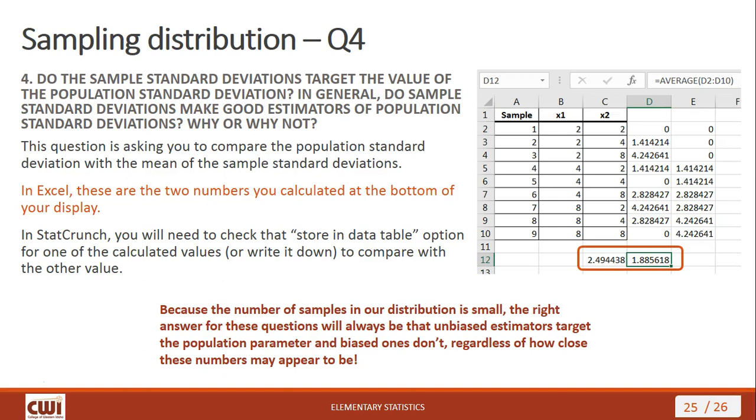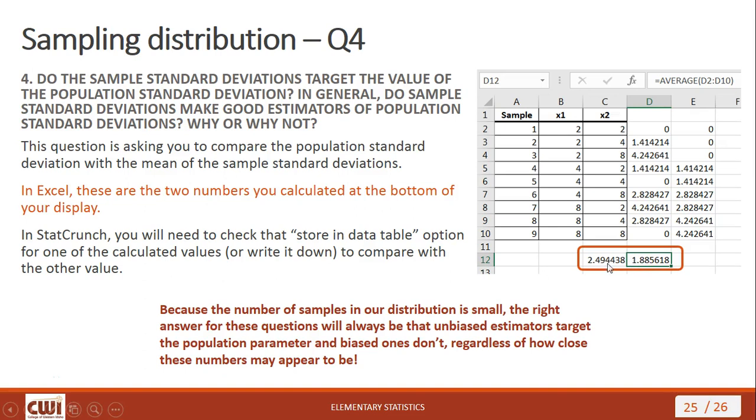When you're answering this question of, in general, does the sample statistic make a good estimator of the population parameter, you're going to look and say, well, what's the statistic and the parameter? In this case, it's standard deviation. And as we learned earlier, standard deviations are biased estimators. Therefore, they do not make good estimators of population standard deviation.